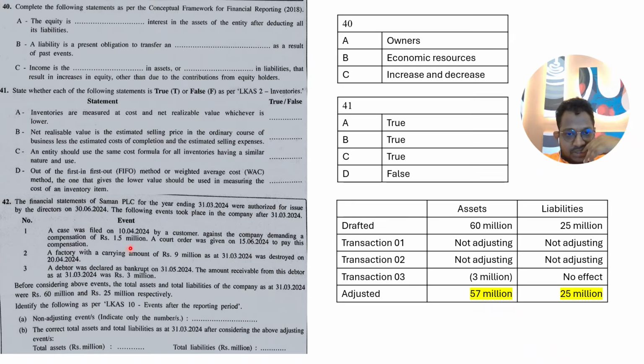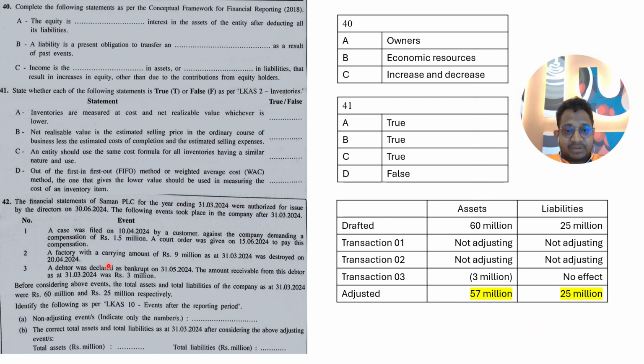We didn't adjust this. Yeah, this case was filed after the closing date, right? Then you are not adjusting this. It's not the middle of the year, that's my bad. I saw 2024 October 4th. No, it's 2024 April 10th, after the financial year. So that is not adjusting.